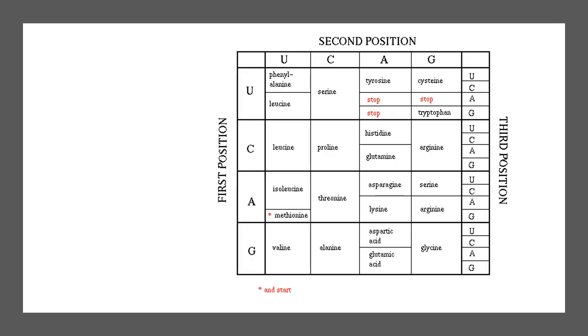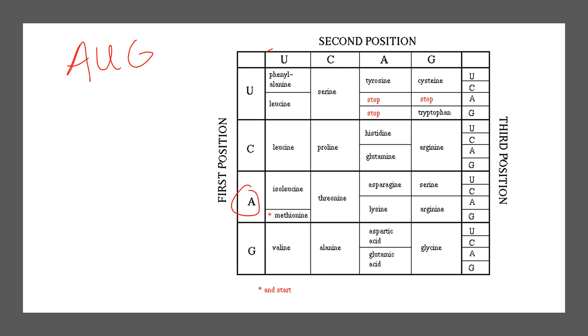Let's take a look at one example. Let's say we have AUG. AUG is the codon on the mRNA, and your body needs to read it. So it goes over here and says, okay, here's the A. A is the first letter.